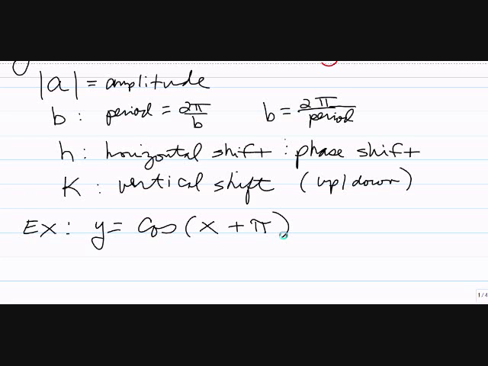We always change the sign, so we have a phase shift of negative pi, which means we are going left pi units.